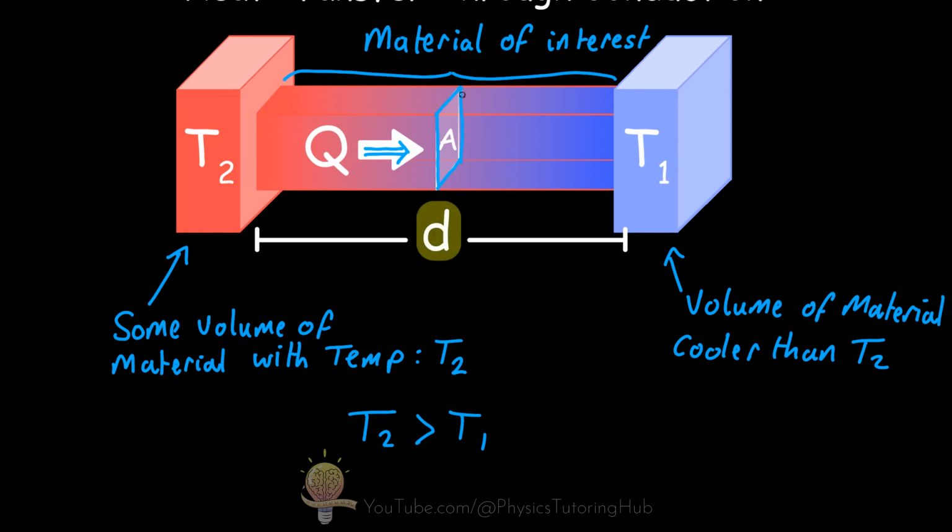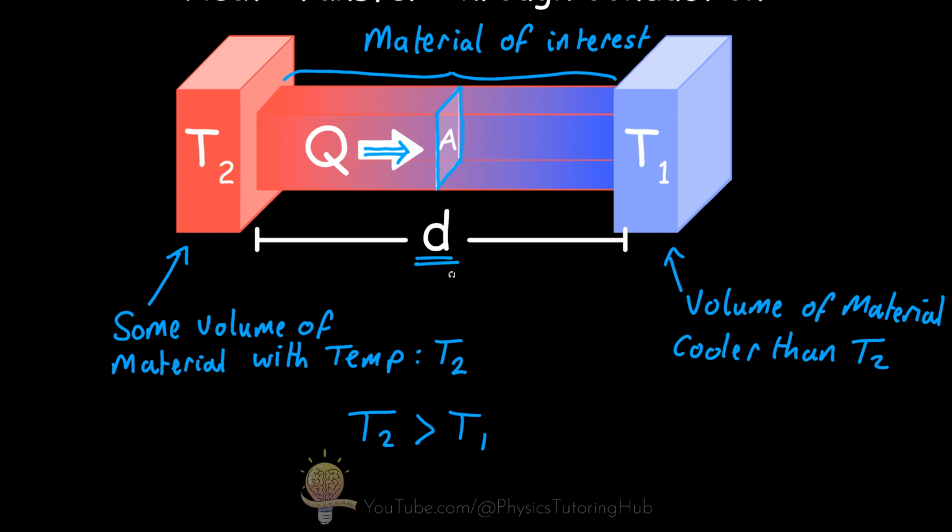Now the thickness of this glass also has an effect on the rate of heat transfer. Heat transfer from the left side to the right side is accomplished by a series of molecular collisions. The thicker our material, the longer it will take to transfer the same amount of heat.